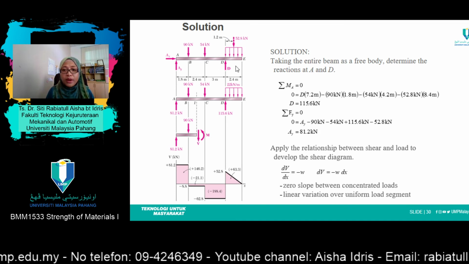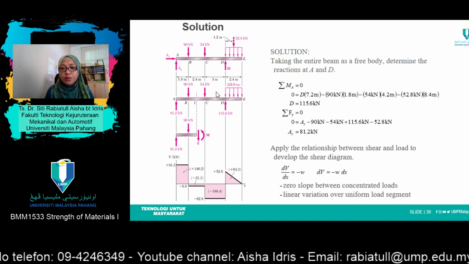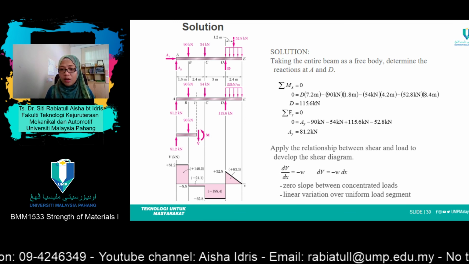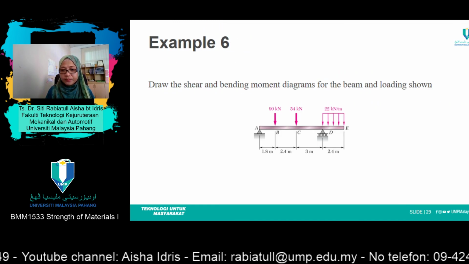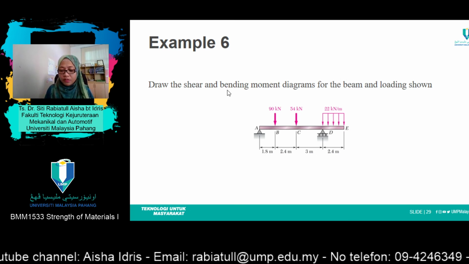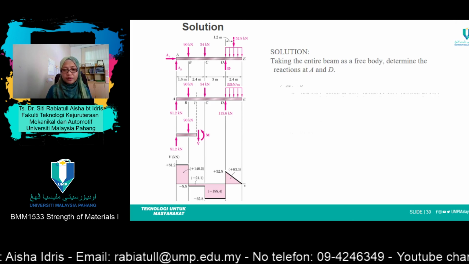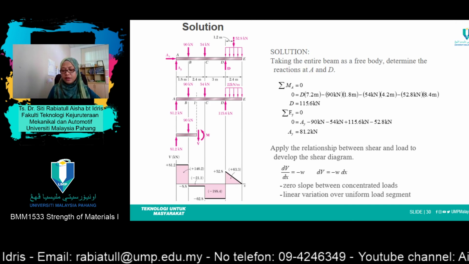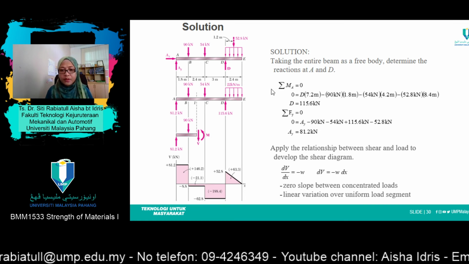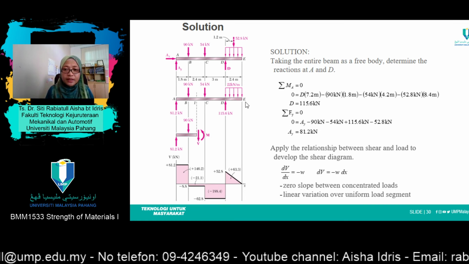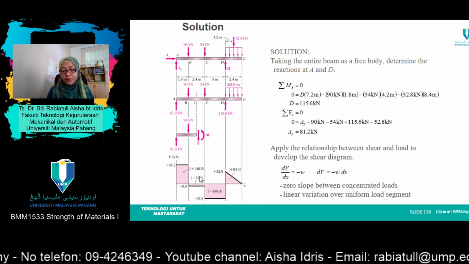So for this one, straight away calculate its value, which is 22 times 2.4. So you'll get 52.8, and at point E, there's no reaction force, so it is equals to 0.